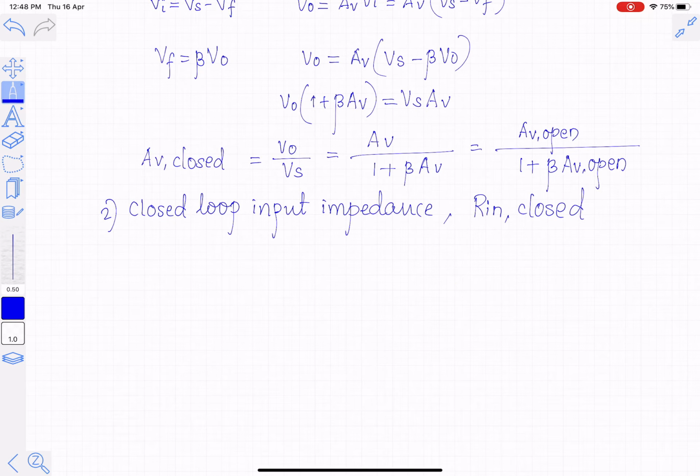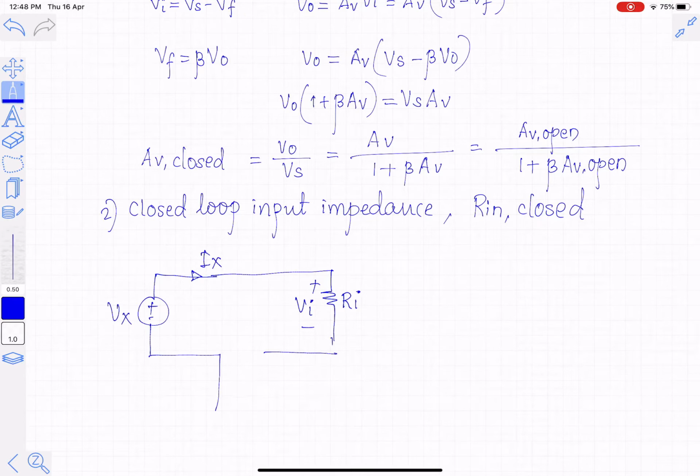We know that to find out the input impedance, we should apply a known voltage source across the input terminals and find out what is the current drawn from it. So we have this as Ri plus minus Vi. We apply the known voltage source, say plus minus Vx, and we find out what is the current Ix drawn from it.